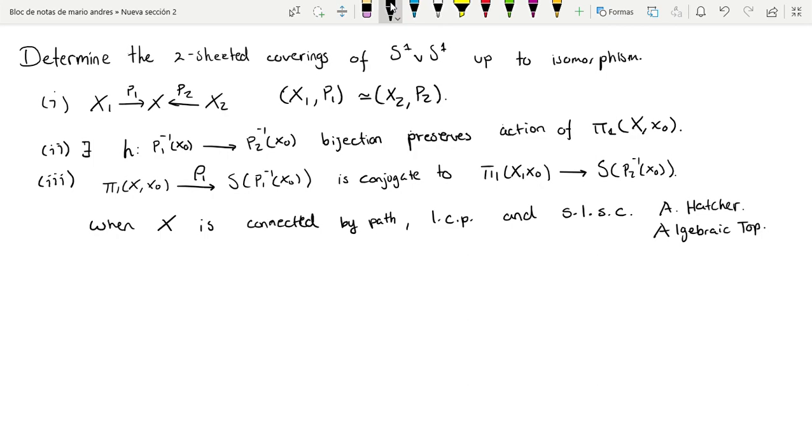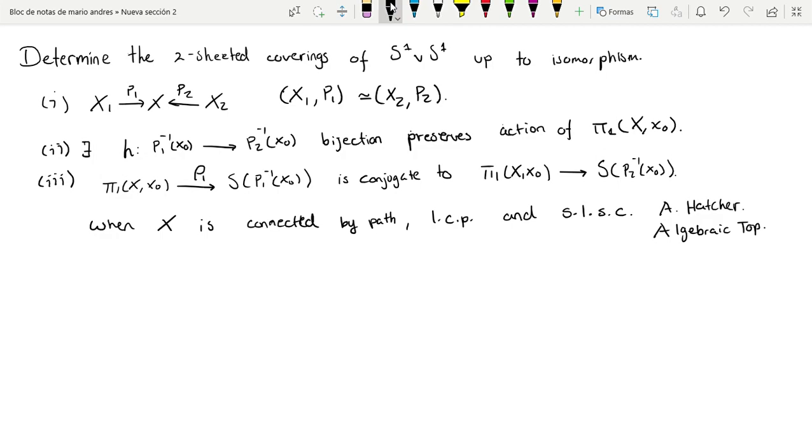The first one is pretty simple. We have that two coverings are isomorphic via isomorphism of coverings. The second one says that there exists a bijection between the fibers of some base point on X that we are naming x sub 0 that preserves the action of the fundamental group of X at that point.